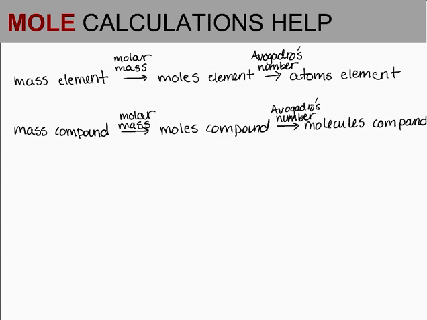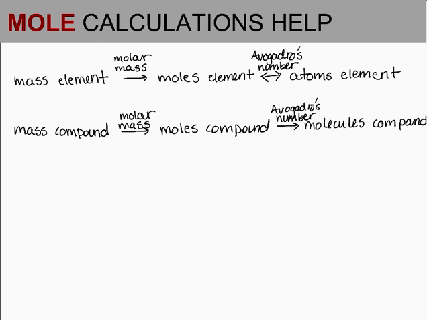So if you're starting, let's say, with atoms of an element, you can convert that to moles using Avogadro's number, but you'll have to flip the conversion factor in order to get from atoms to moles. So instead of multiplying by Avogadro's number, you'll divide by Avogadro's number.